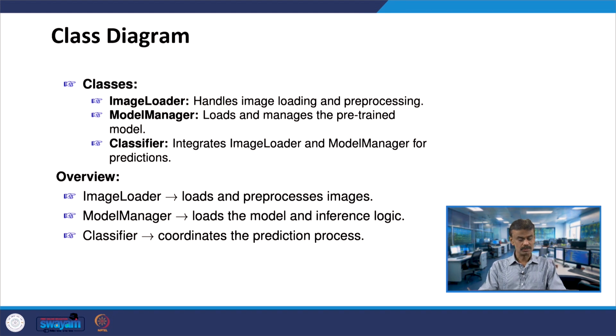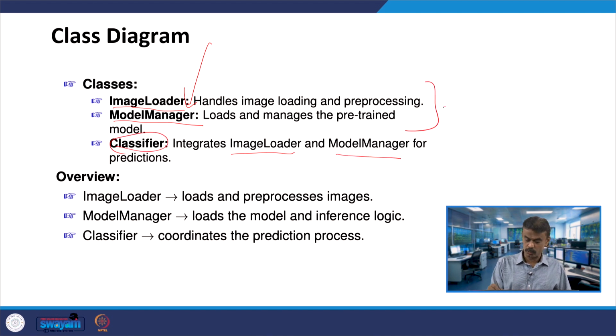As usual, the class diagram, the classes we are going to use. The image loader handles loading and pre-processing of images. The model manager is for the pre-trained model, for labeling and managing. The classifier integrates both the image loader and model manager for the final predictions.